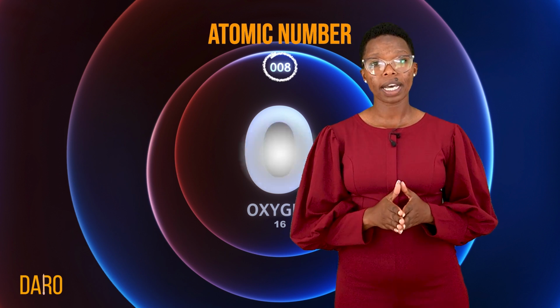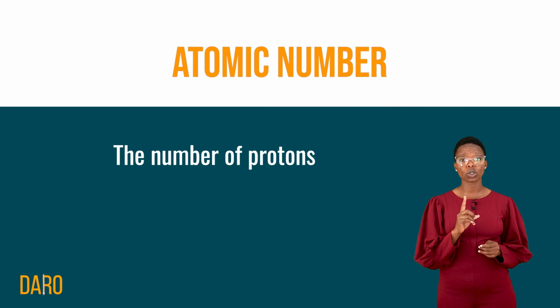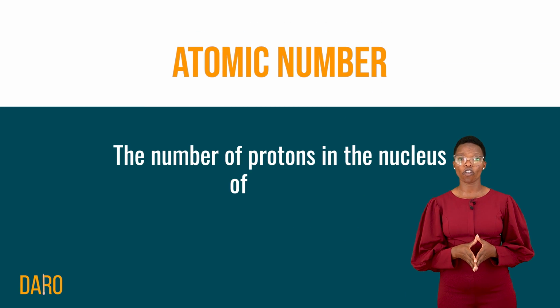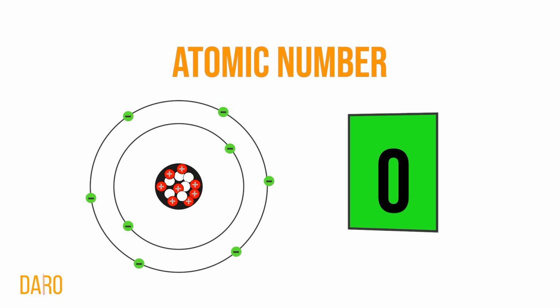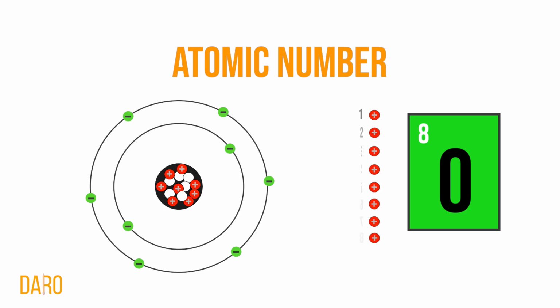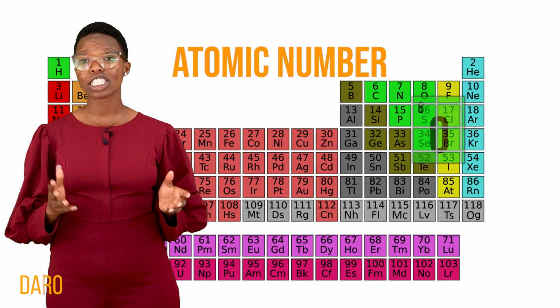The atomic number is the number of protons in the nucleus of an atom. When you see the atomic number of an atom, you know how many protons there will be in that atom. Every element has its own unique atomic number.